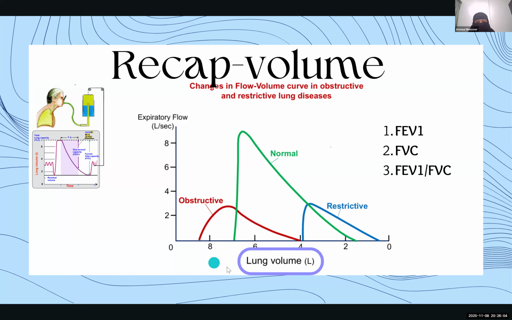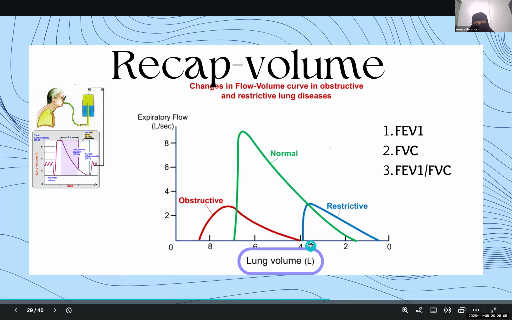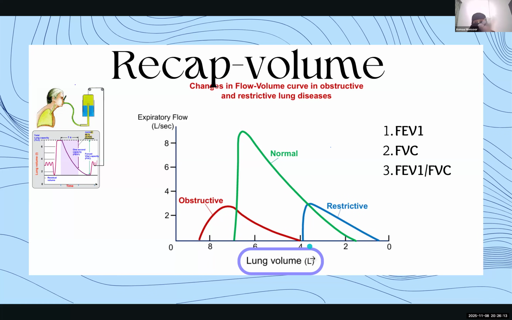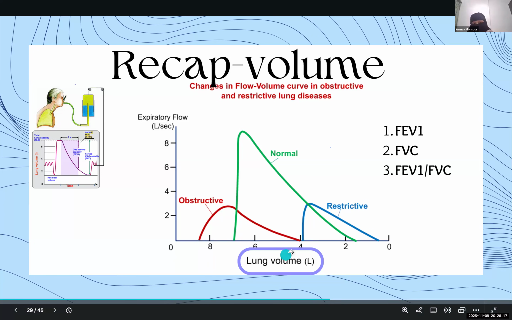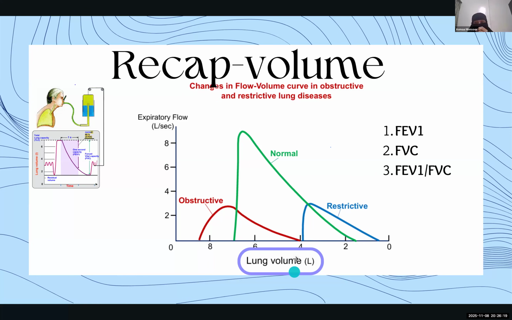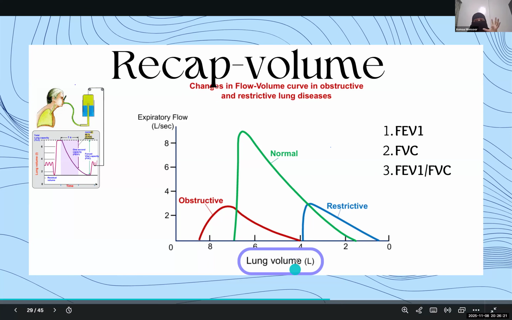For restrictive diseases, as you can see, the lung is not able to expand, but rather the lung wants to collapse and become small. So when you want to exhale, the lung exhalation becomes really fast. You get what I mean? The lung is contracting really fast because the lung does not want to become big. The lung just wants to collapse in restrictive diseases.